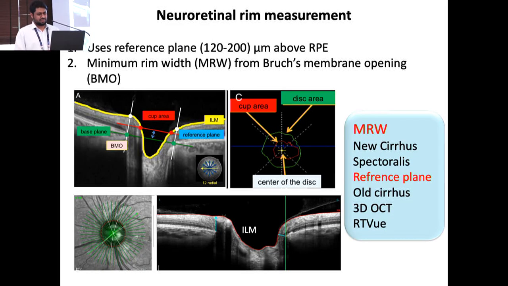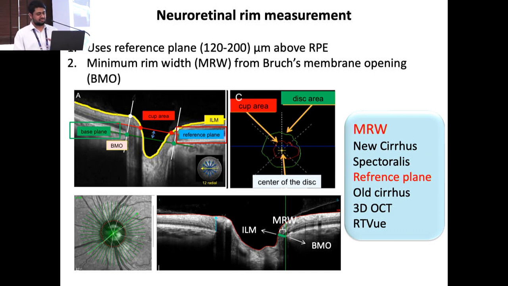And neuroretinal rim measurement also varies from machine to machine. Some will use a reference plane. You can see the base plane and the reference plane. The reference plane will be around 120 to 200 microns above the base plane, and from that they will measure the neuroretinal rim parameters. Whereas for the minimal rim width, other machines like the newer Cirrus OCT and the Spectralis OCT measure the distance from the Bruch's membrane opening to the internal limiting membrane.